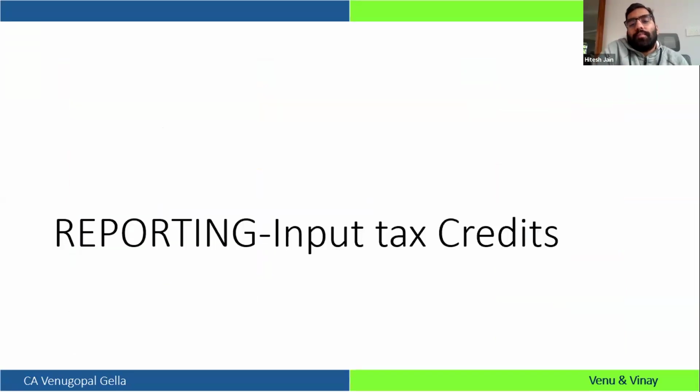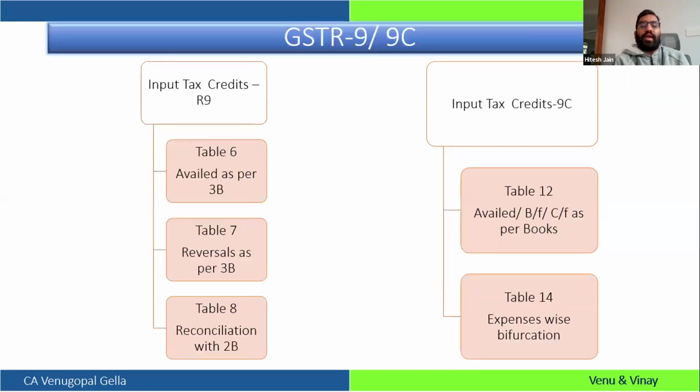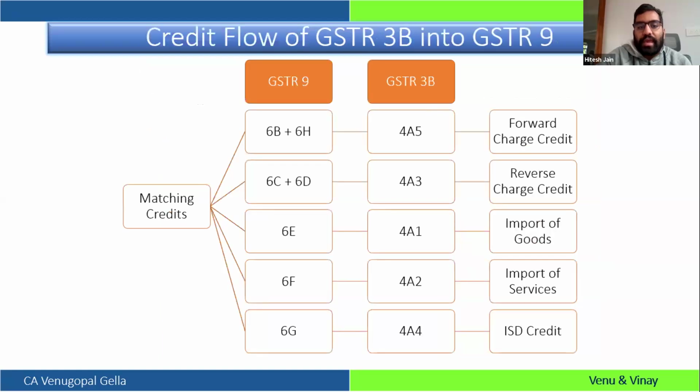Coming to the part of input tax credit. In GSTR 9, we need to fill 3 tables relating to the input tax credit. The first is table 6, the second is table 7, and the third is table 8. We will be discussing table 6, table 7, and table 8 in this format.